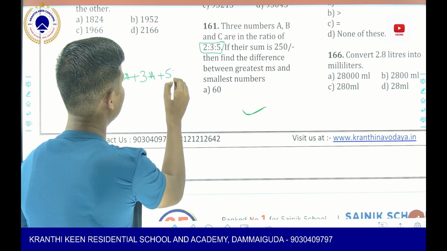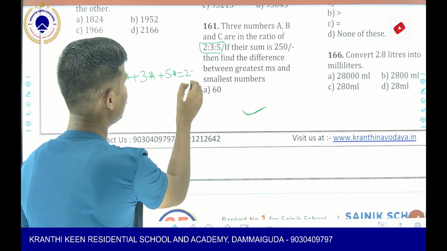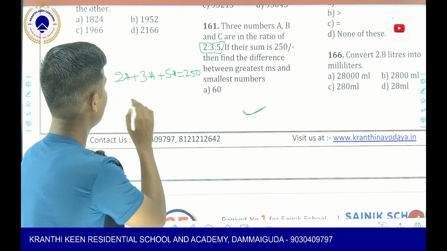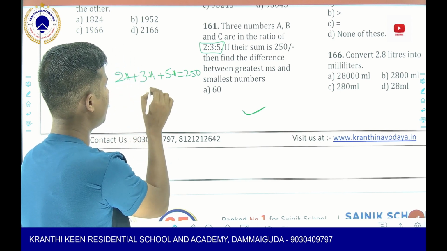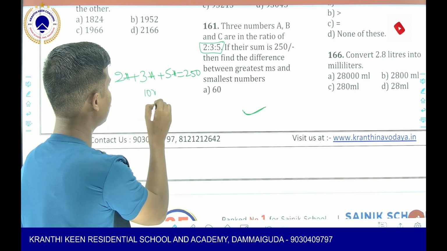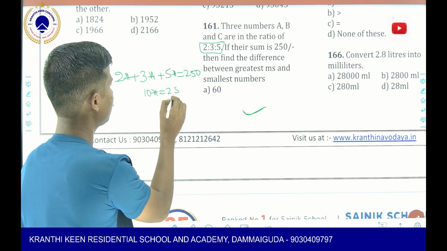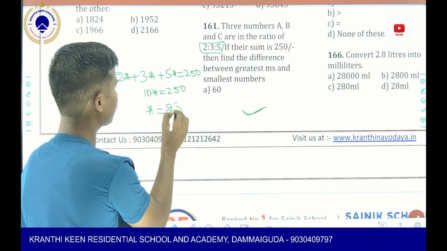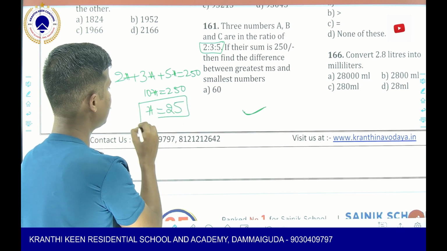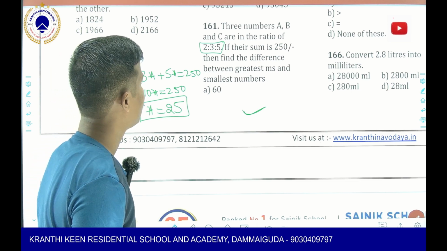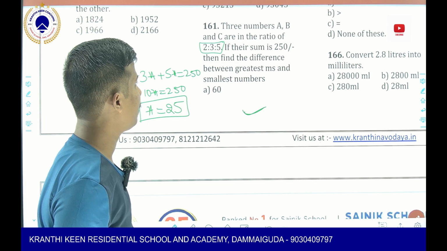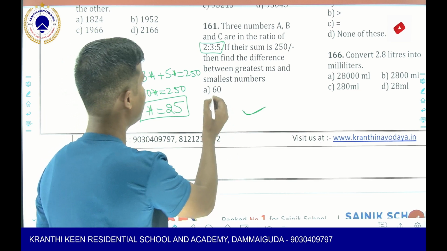Plus 5x is equal to 250. Now we see 2 plus 3, 5, 5 plus 5, 10. 10x is equal to 250. x is equal to 25. If their sum is 250, then find the difference between the greatest and smallest numbers.